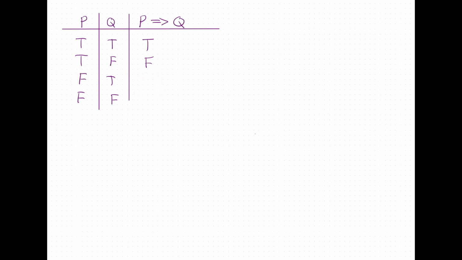To justify why that's the case, let us consider the statement P and Q implies P. This is a deduction that we want to always be true. But now what if we do a truth table for this? Well, if we expect this to always be a true statement, then this is going to be a tautology.